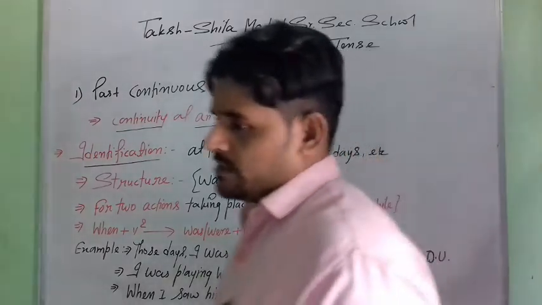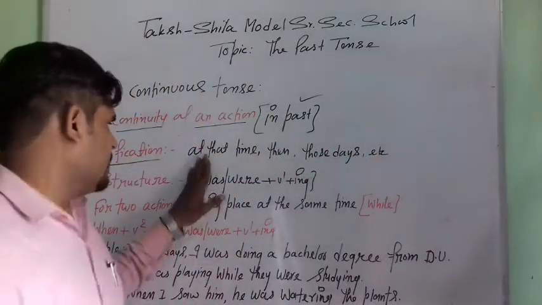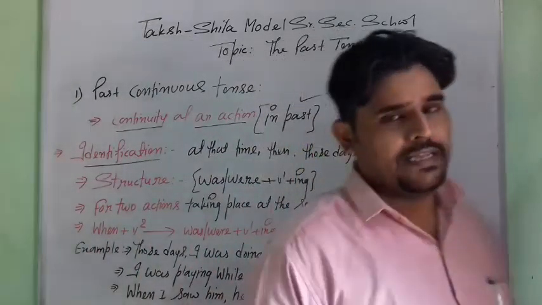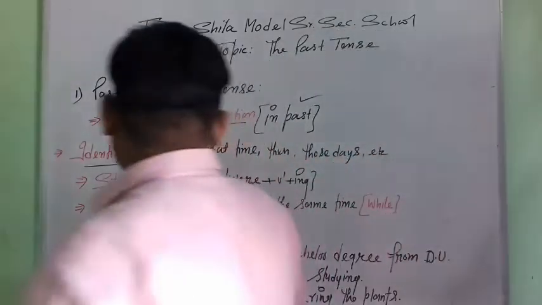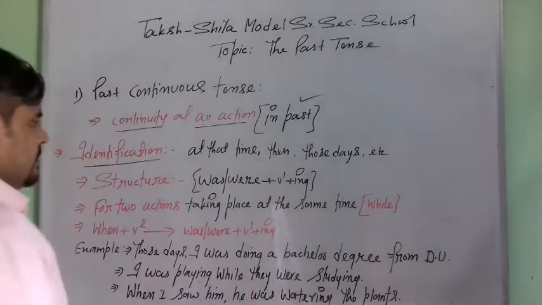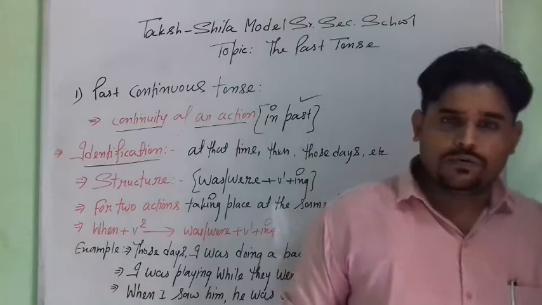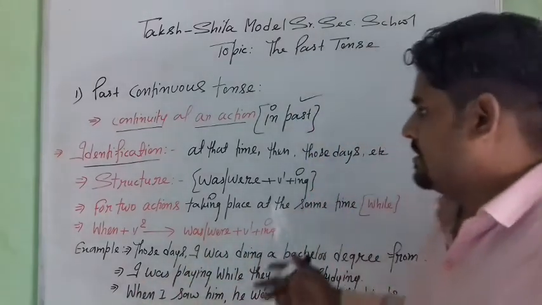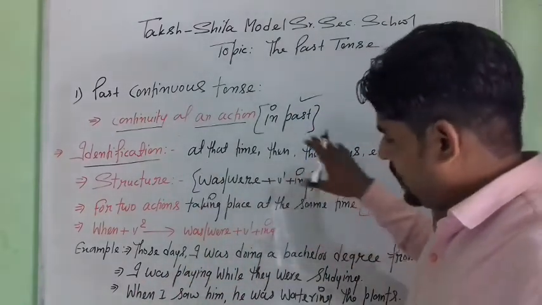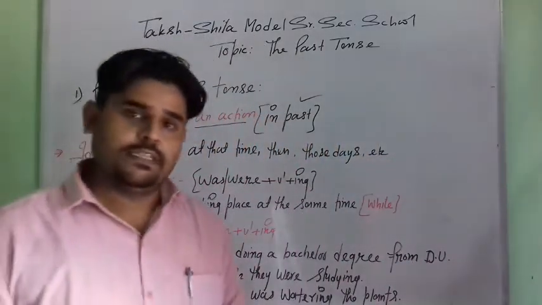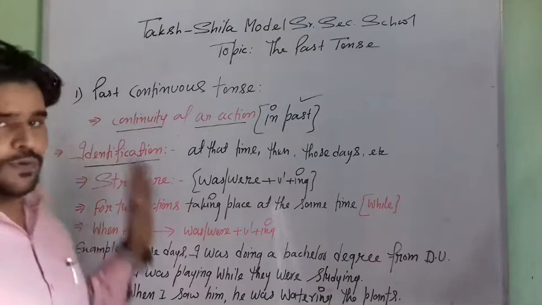In present continuous tense, we find what? We find at this time, now, these days, right? Still, like these words. So whenever we find these words written in the sentence, we just conclude that this is a part of past continuous tense, because these words are used in those sentences only which express the action in progress, right?